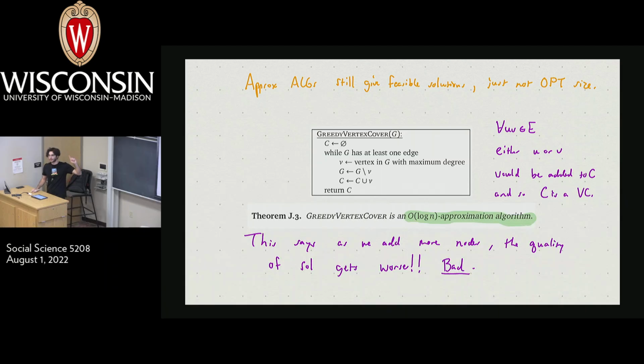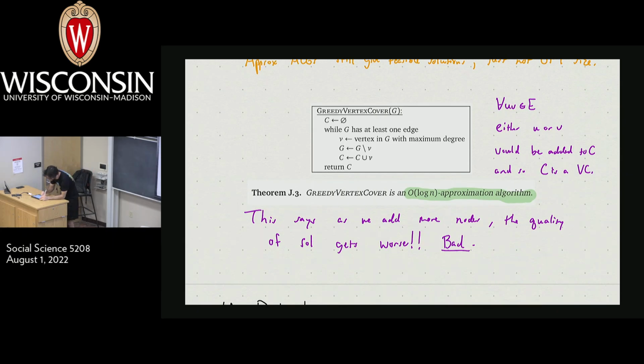So this specific algorithm is a log n approximation. So the size of the vertex cover is at most log n more than the size of the best one. So this specific algorithm is always at most the best you could have done for the same graph times an extra factor of log n.